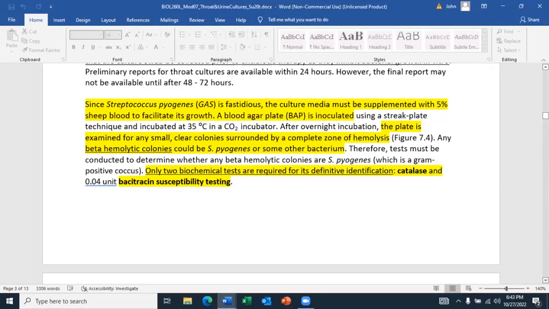And if it has small beta hemolytic colonies, then it could be Streptococcus pyogenes. But there are a few other Streptococcus which have a similar beta hemolysis. So we do 2 biochemical tests to show that it's Streptococcus pyogenes. You run the catalase test and the bacitracin susceptibility test.